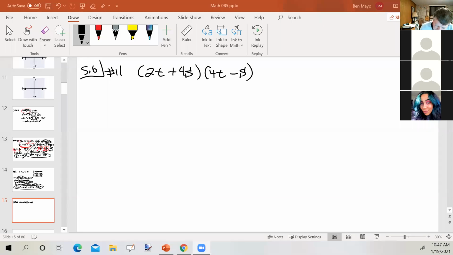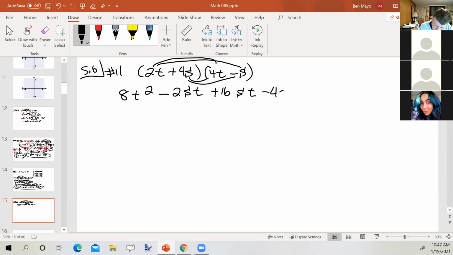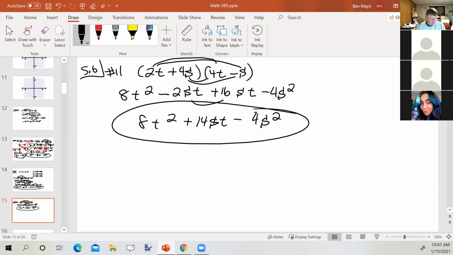So this is 8t squared minus 2st plus 16st minus 4s squared. Combining like terms, we get 8t squared plus 14st minus 4s squared.